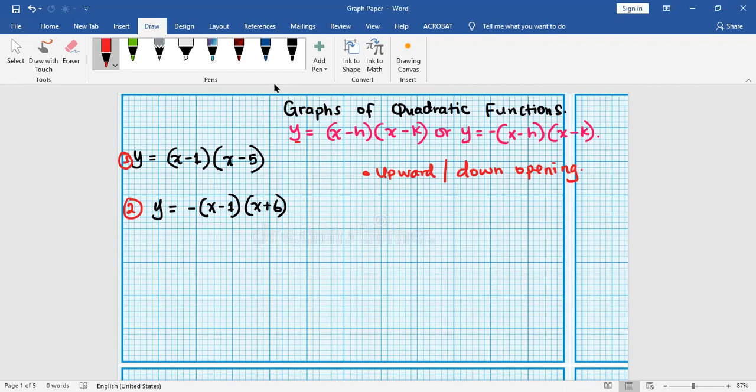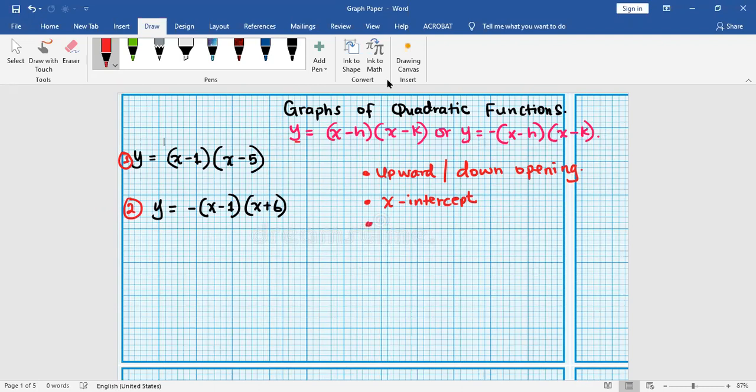Number 2, we said that these graphs may have x-intercept. We said that x-intercept is the point where the curve will cut the x-axis.